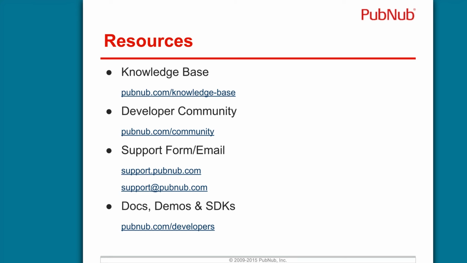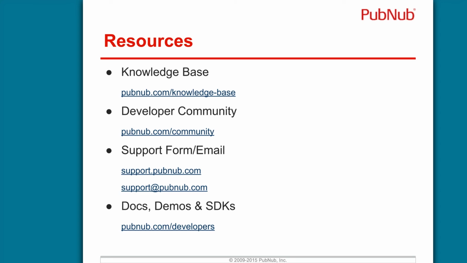Usually it's fairly quick. For support, you can send an email to support@pubnub.com, and Craig or myself will receive that ticket and route you to the right location if we can't help you, or we'll help you ourselves. Or you can submit a ticket through support.pubnub.com.